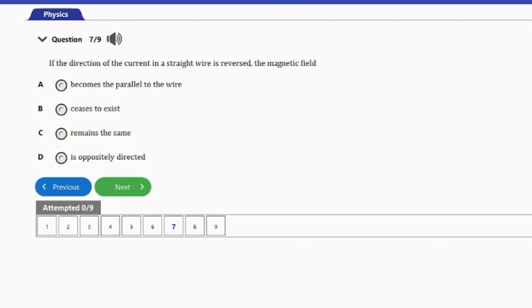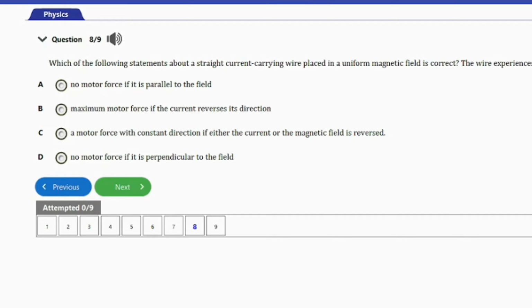Let's go ahead and consider the next question, guys. So that's question number 8 here. It says, which of the following statements about a straight current carrying wire placed in a uniform magnetic field is correct? The wire experiences A. no motor force if parallel to the field, B. maximum motor force if the current reverses its direction, C. a motor force with constant direction if either the current or the magnetic field is reversed, D. no motor force if it is perpendicular to the field.